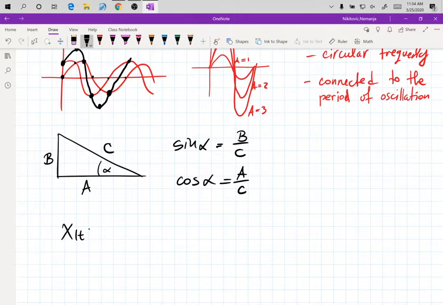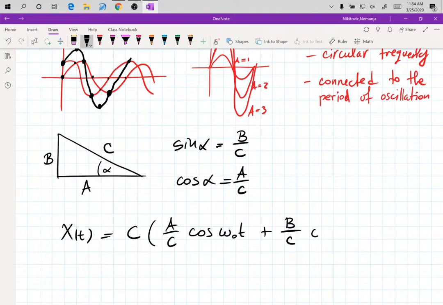So x of t is equal to C times A over C cosine omega 0 t plus B over C sine omega 0 t. What I did is I divided and multiplied by C. Well, that was C over C, which is 1, so no harm done.